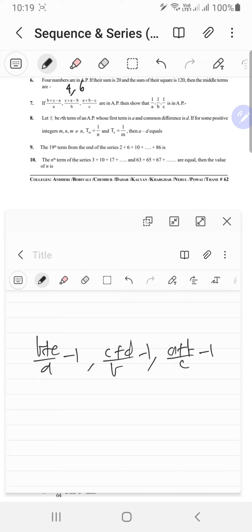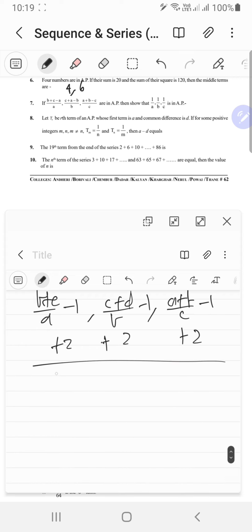If this is in AP, then just add 2 to each term and it will still be in AP, right? Because the difference didn't change, and that will just give us b plus c upon a plus 1. So the same thing, just plus instead of minus, plus everywhere.